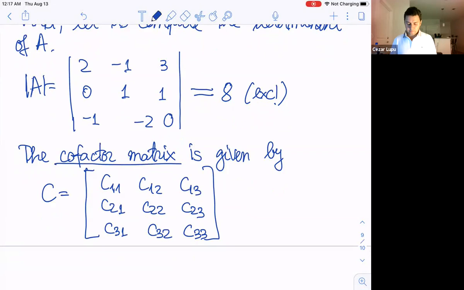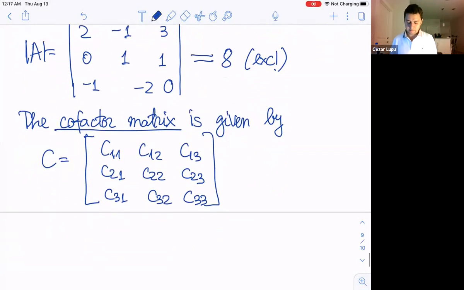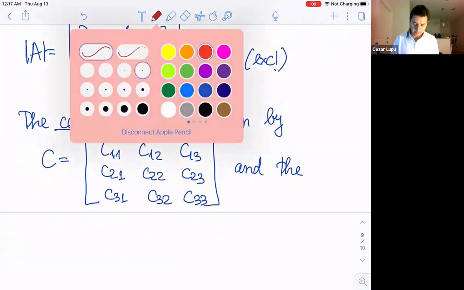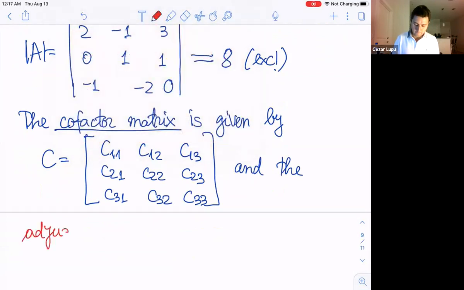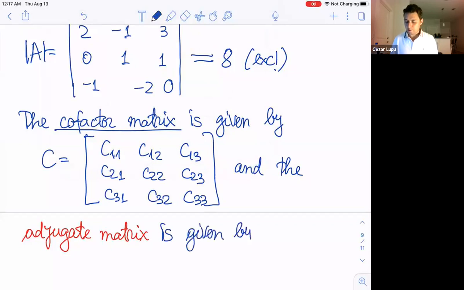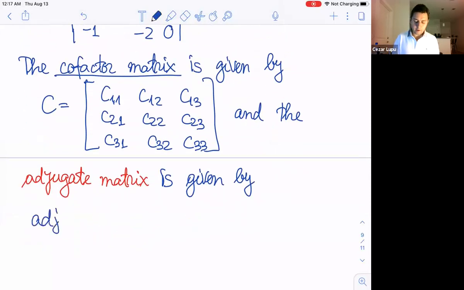But now guess what? The adjugate is nothing other than just the transpose of this cofactor matrix.